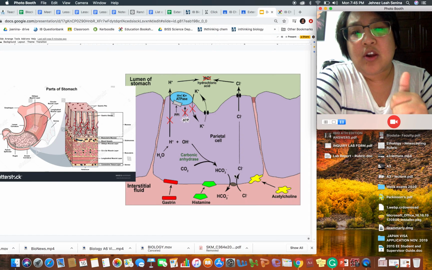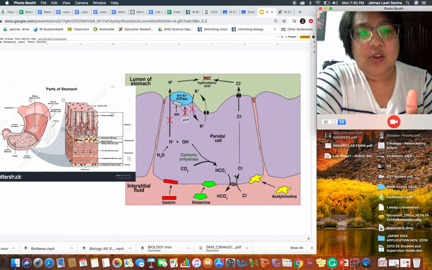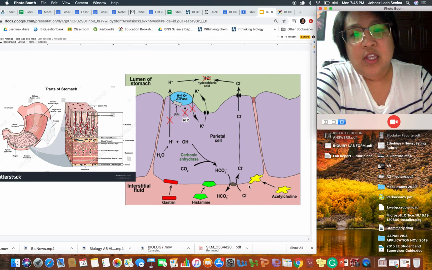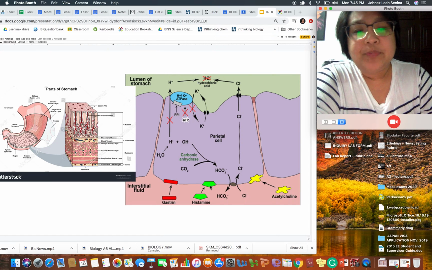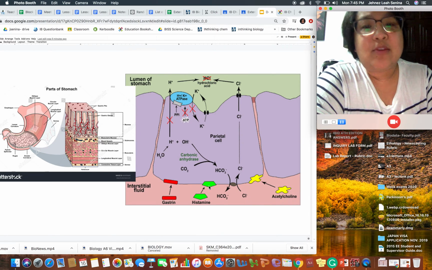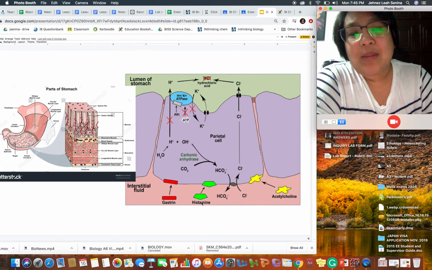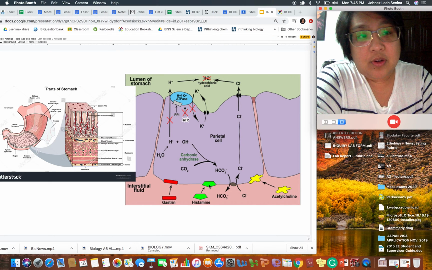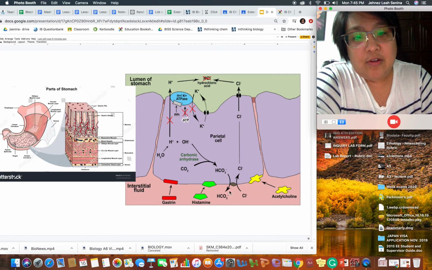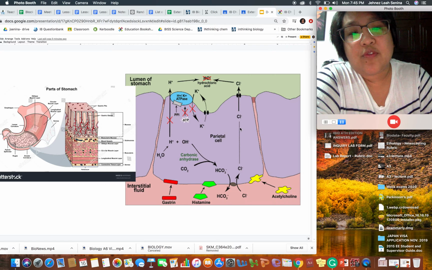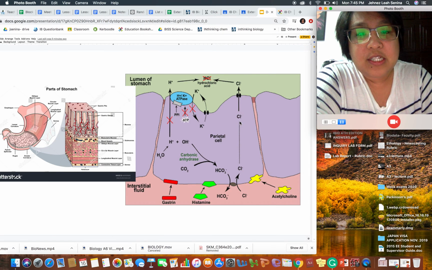The first group of drugs are your H2 blockers. So, what are H2 blockers? This is the cell of your stomach. On this side of the cell, we have your histamine receptors. Histamine normally binds to these receptors to activate this channel, which increases the concentration of chloride inside your cell.